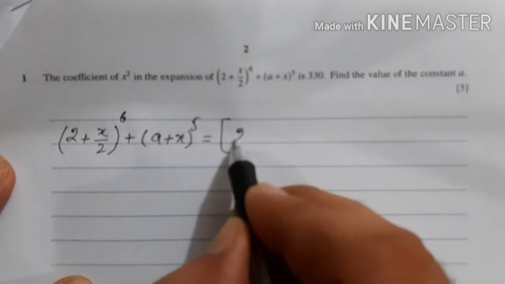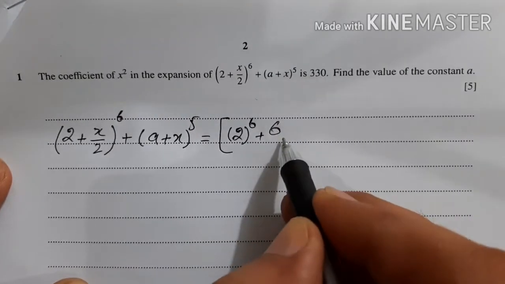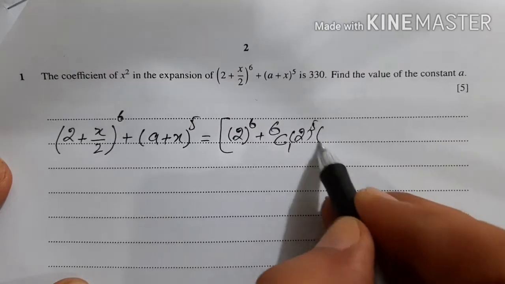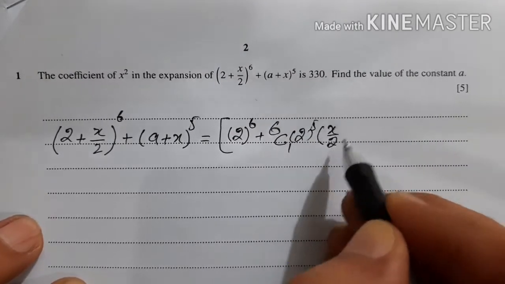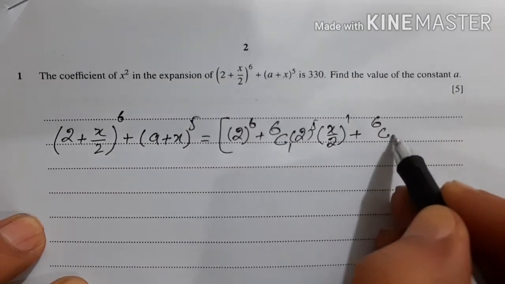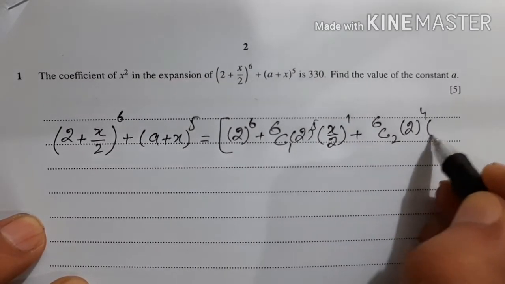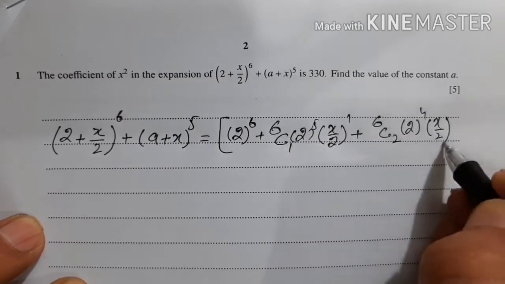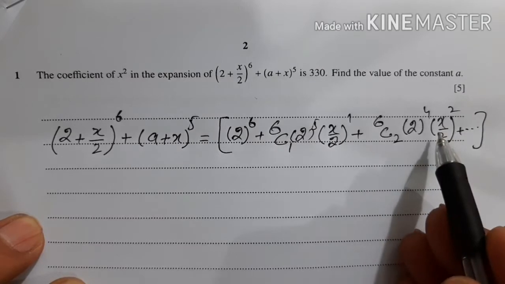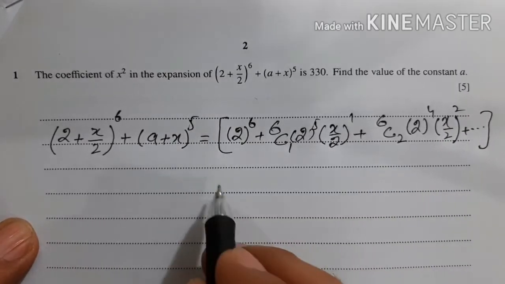It's 2^6 plus 6C1 2^5 (x/2)^1 plus 6C2 2^4 (x/2)^2 plus so on. We need just the x squared term, that's why we'll not go further.